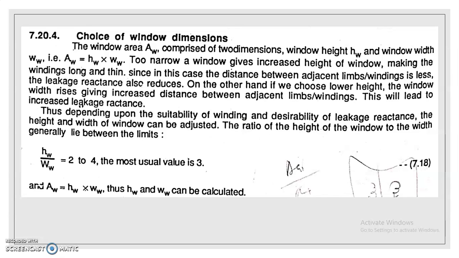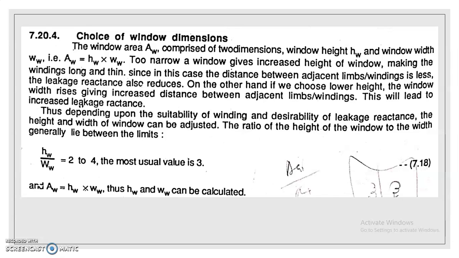If you are choosing too narrow a window, it gives increased height of the window, making the windings long and thin. Since in this case the distance between the adjacent limbs' windings is less, the leakage reactance also reduces. On the other hand, if we choose lower height, the winding width rises, giving increased distance between the adjacent limbs. This will lead to increased leakage reactance.